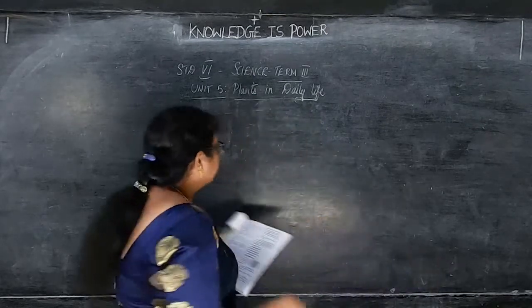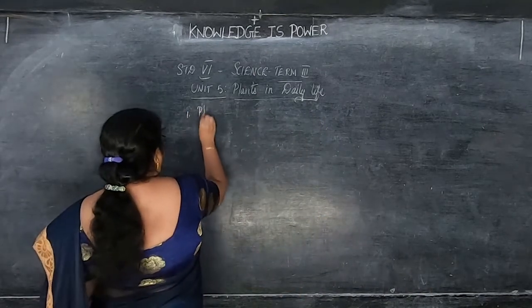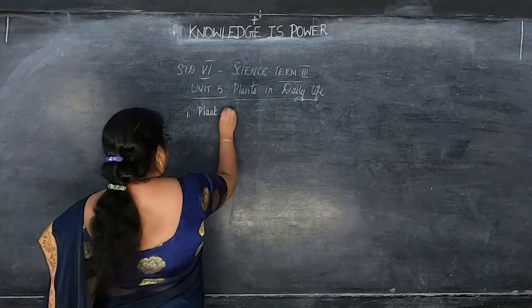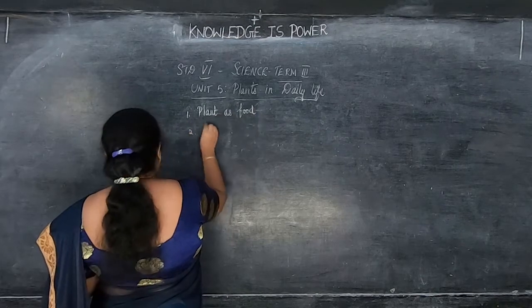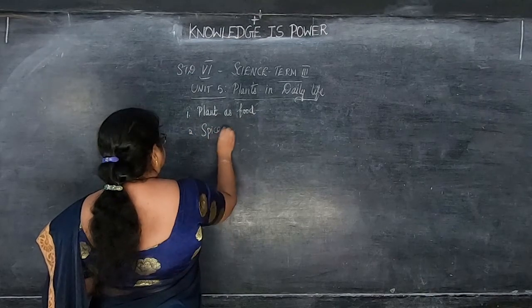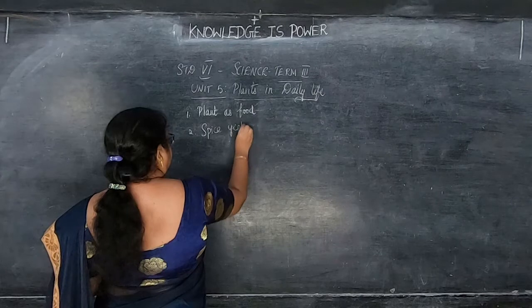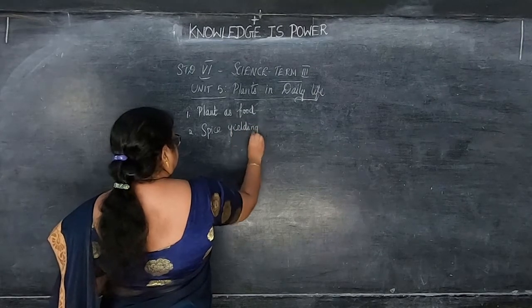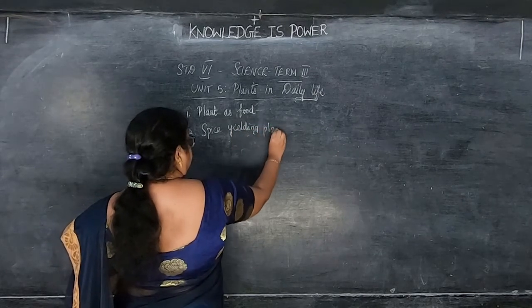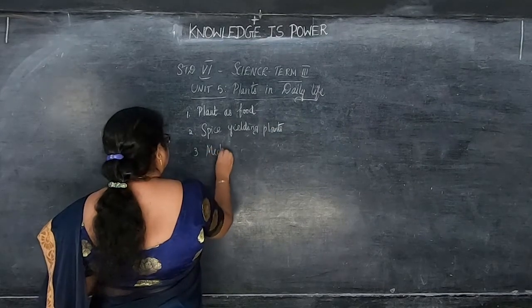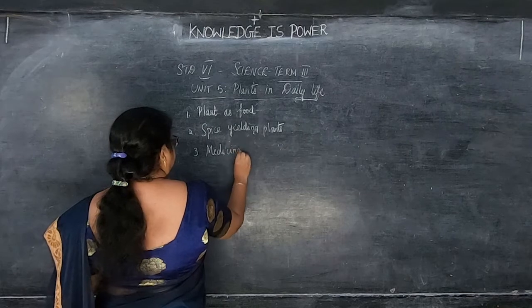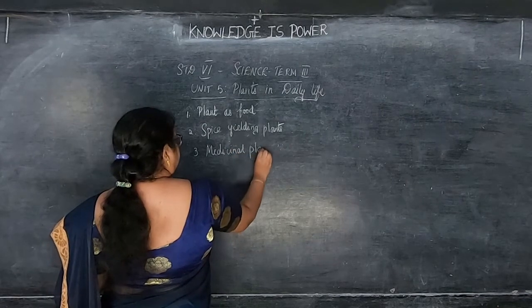First, plant as food. Then, spice yielding plants. Medicinal plants.